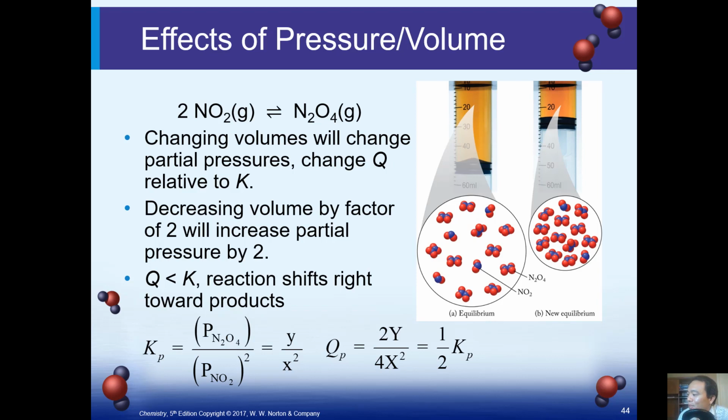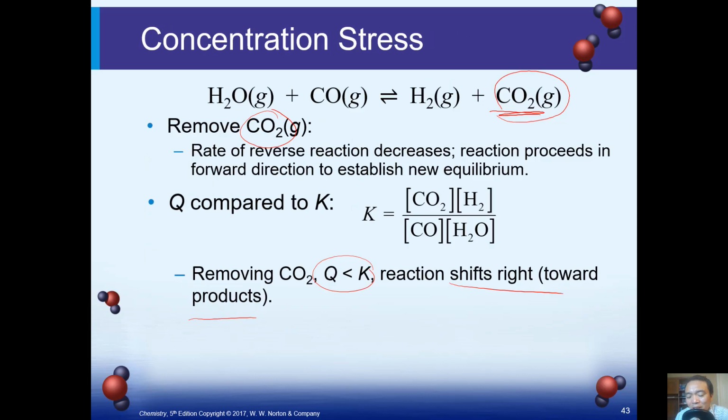Okay, so first we talked about the change of concentration. So if you remove the products, the reaction will shift to the product direction. What if I remove H2O? If you remove H2O, you will have less reactants. The reaction will shift to the left side. If you add H2O, H2O what?